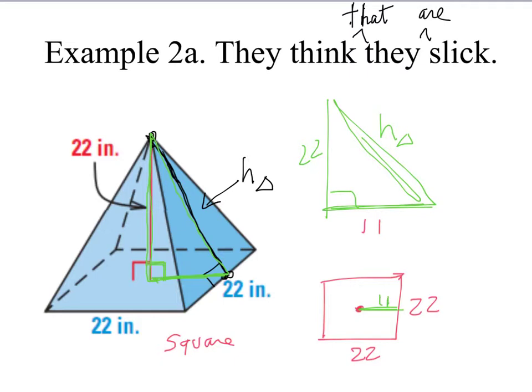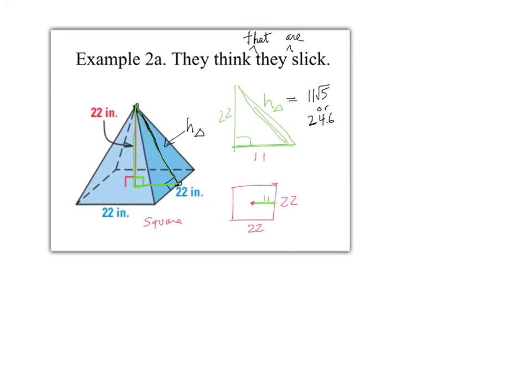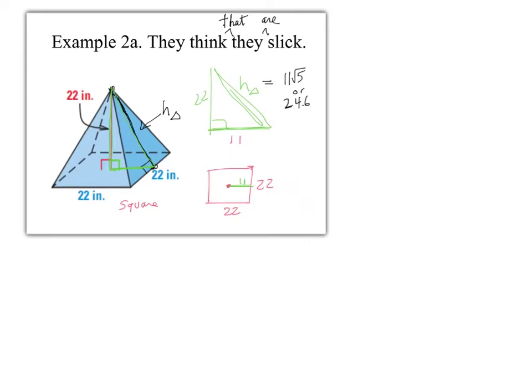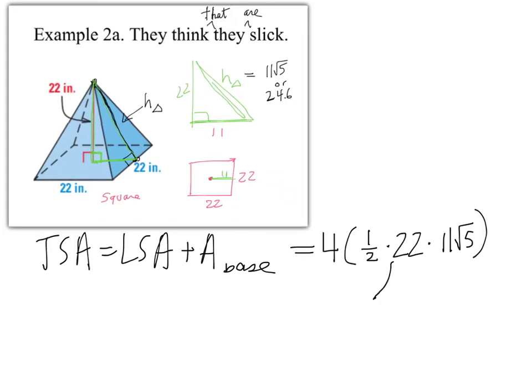So once we have this found, that is 11 and this is 22, I can actually find out what the height of my triangle is. Again, we're just using this right triangle right here. We're using Pythag. Some of the numbers you'll get, that's what you should get when you find the height of the triangle. When you then set up TSA, you will get 4 times this quantity that you see right here.